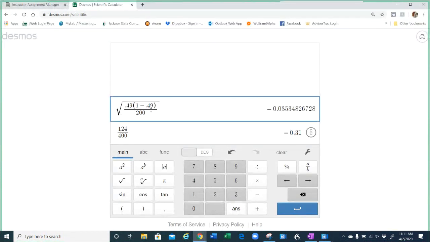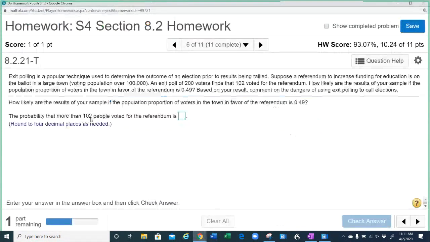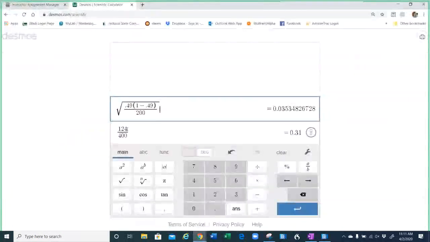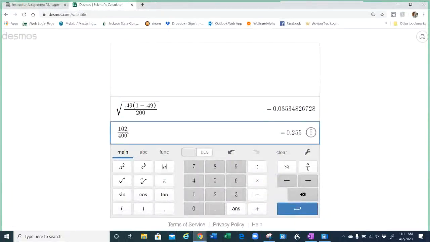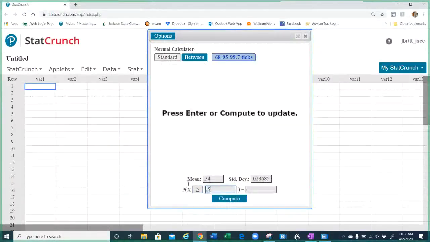And I'm just going to go one more here. So more than 102, again, we've got to convert that to a percentage. So let's do more than 102 out of the 200, which is more than 51%. More than 51. And change our mean, of course, 49. What is the mean? Standard deviation 0.353483.